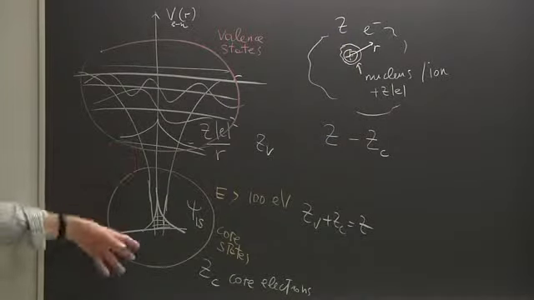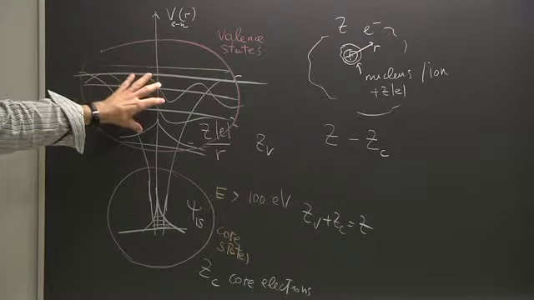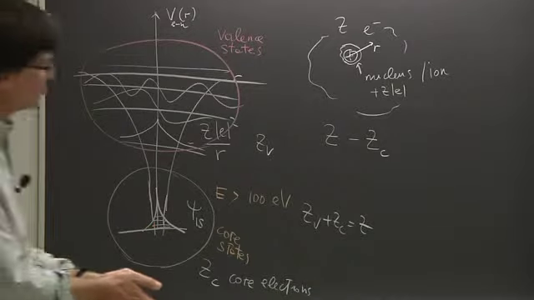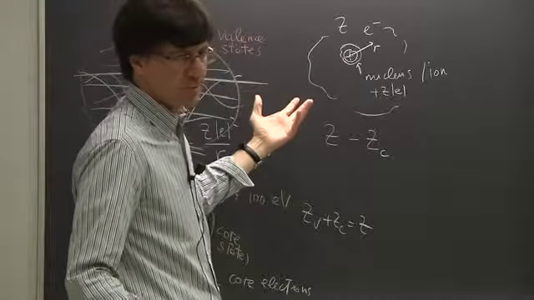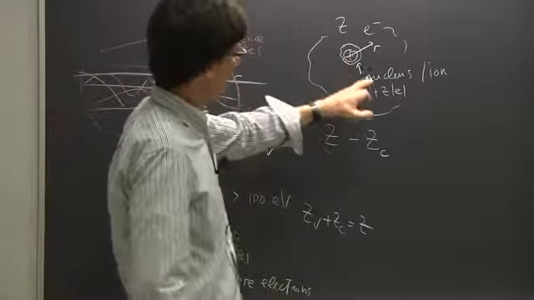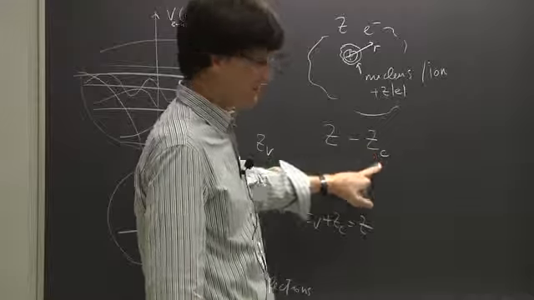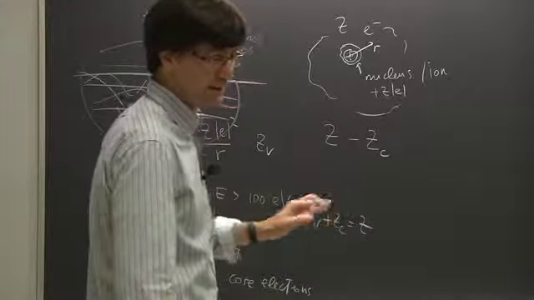I partition my electrons into core states and valence states, and I assume I'm a valence state, and I look at the core states, and the core states are delta functions, but if they're delta functions, they overlap with the nucleus, and they're indistinguishable with respect to the nucleus, right? I see a point charge given by the nucleus of charge Z, and I see ZC point charges with opposite sign located at the nuclear position.